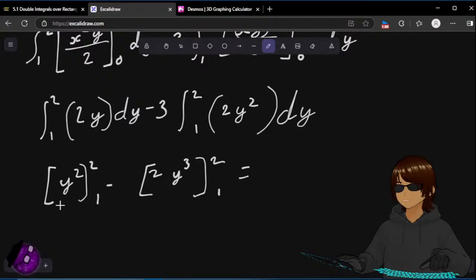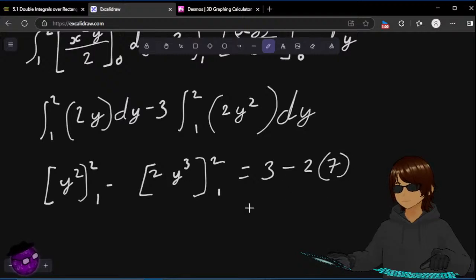So 4 minus 1 is 3. And then over here, 2 cubed is 8. Minus 1, 7. 3 minus 14. Minus 11.